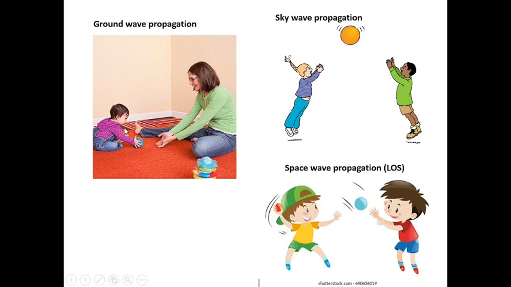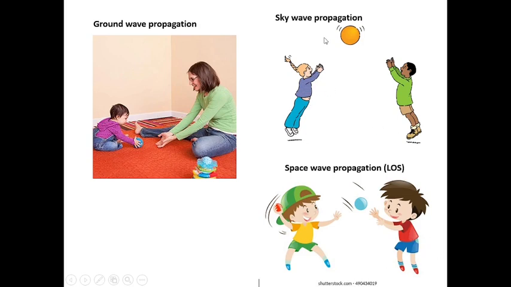The other method is by throwing the ball directly. If both are in the same line of sight, the transmitter, this boy, is sending the ball and the receiver is catching it. This type of catching a ball, we call space wave propagation.